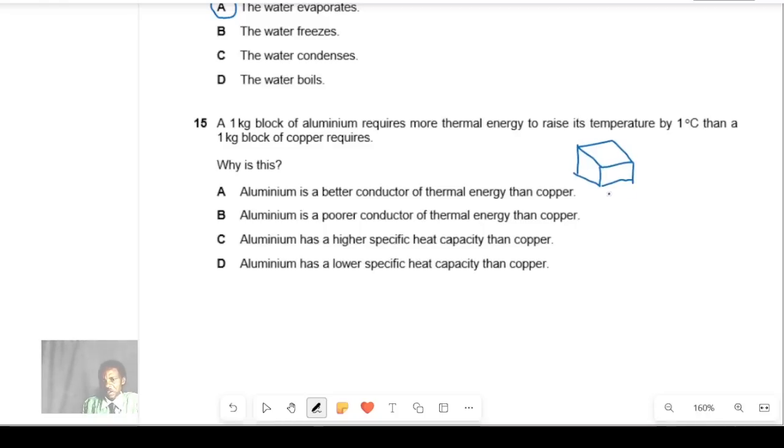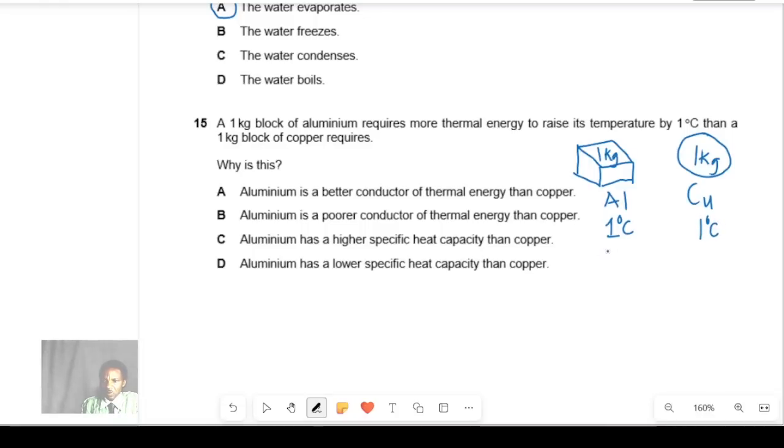Assuming you have aluminium and then you have copper, 1 kg each, and when heated the temperature of this rises by 1 degree Celsius, and the temperature of this rises by 1 degree Celsius.